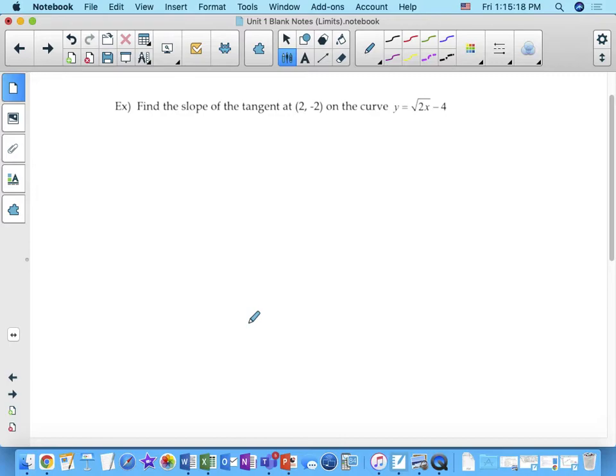So the first one, well, let's do the second one first. To be honest, the second one is going to be more useful to you. That's why the second one's part of your formula sheet. Okay? So let's do the second one first. Well, we'll see how much time we have. We have 20 minutes.